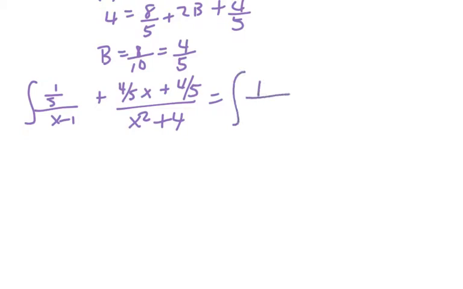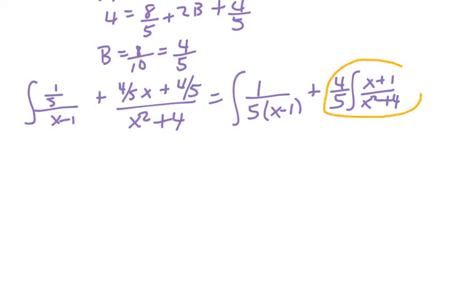So this is just 1/5 times 1 over x minus 1, plus, I'm going to pull out the 4/5 because it's a lot easier, and I'm left with x plus 1 over x squared plus 4. So this is a little bit different. U substitution fails us here, so what I would do at this point is split fractions.